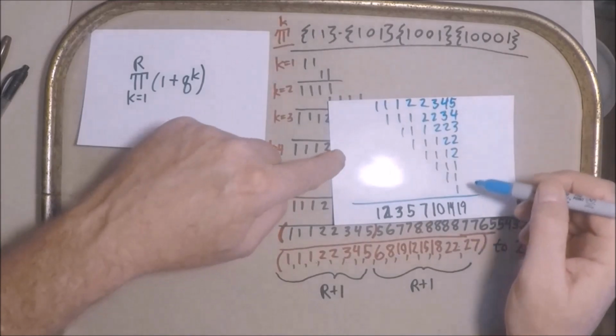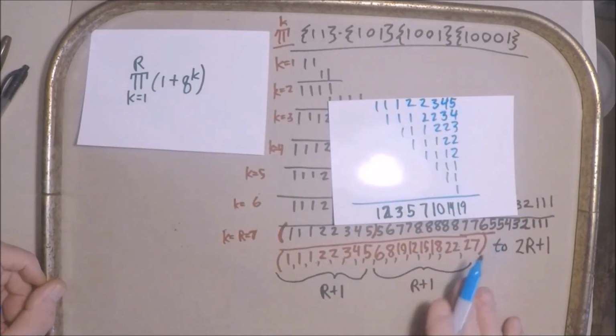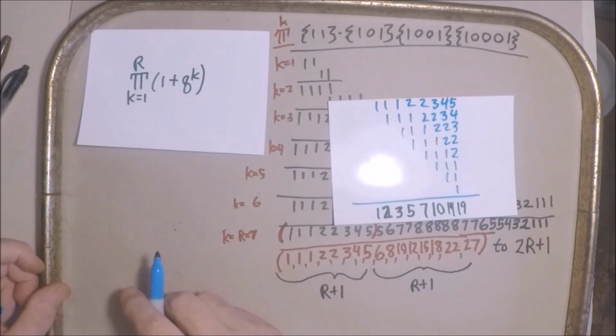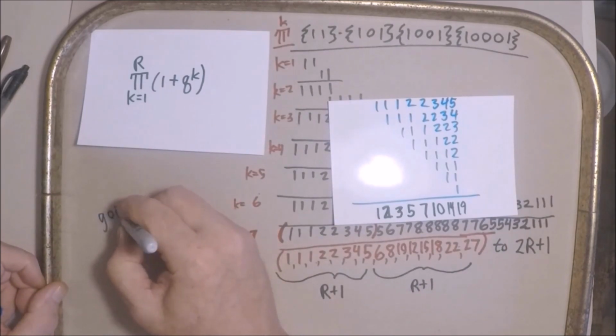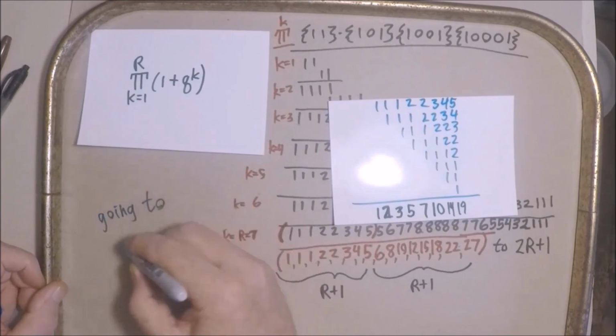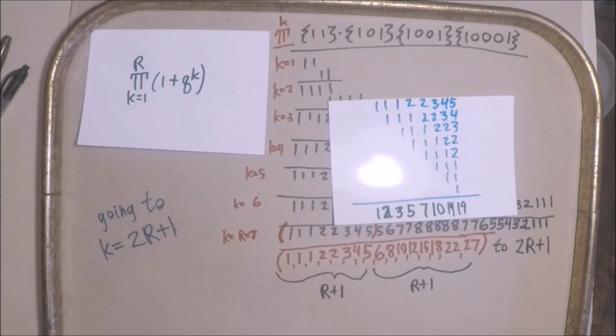Or that is to say, by doing this to get the bonus at the end, we are essentially going to k equals 2r plus 1 for free. So if we really only wanted r, then we would only need half of the.